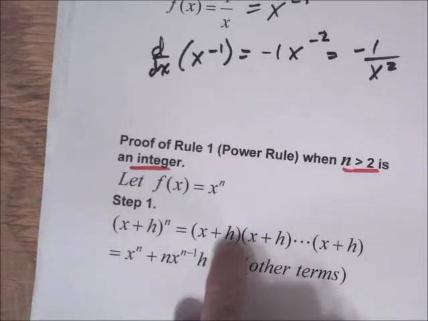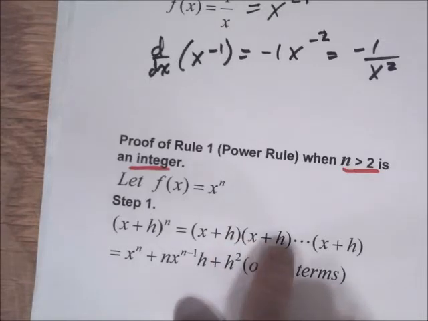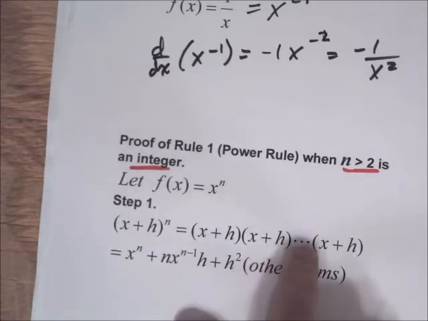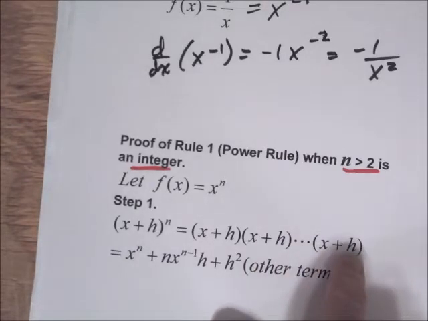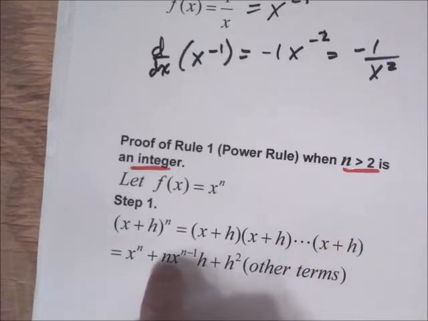But instead of using the h from the first term, we could have used h from the second term, or we could have used the h from the last term and x's everywhere else. So there's actually n terms that will have the same result.